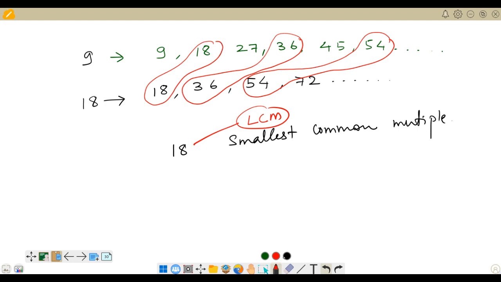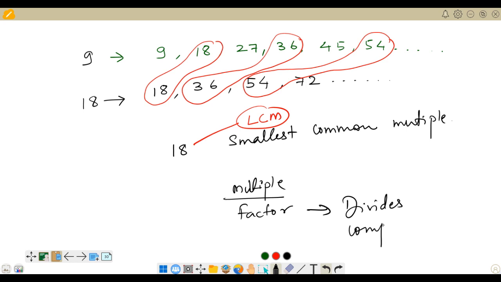Whenever we have a multiple and whenever we have a factor: a factor is something that divides completely. What do we mean by completely? Completely means the remainder is 0.